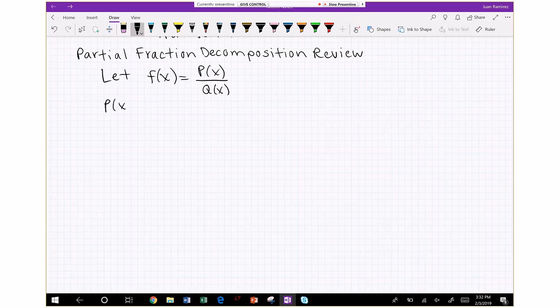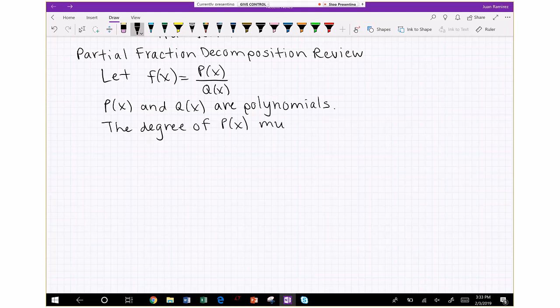Both p of x and q of x are polynomials. And another important aspect of this type of decomposition is that the degree of p of x must be lower than the degree of q of x.